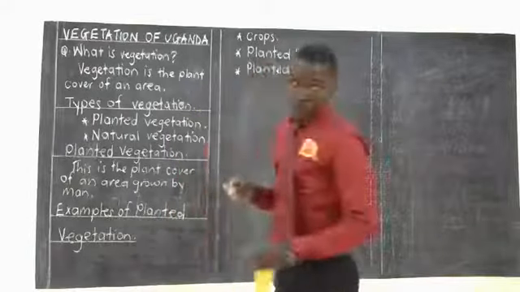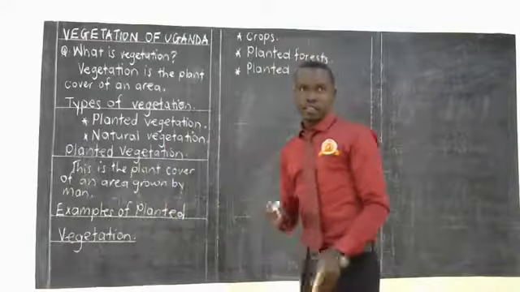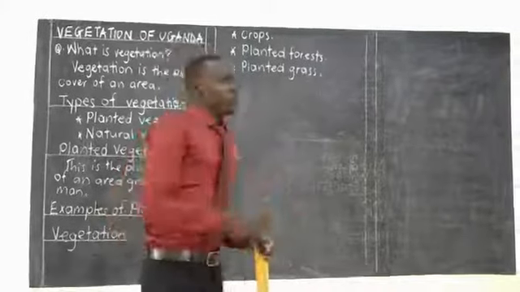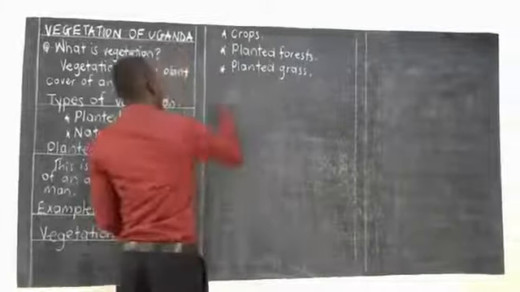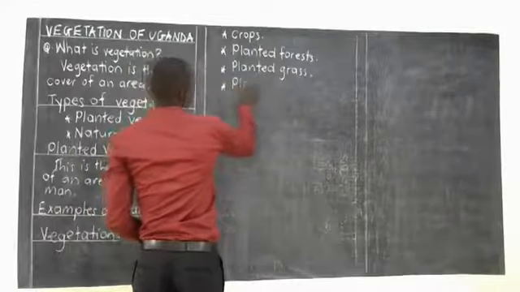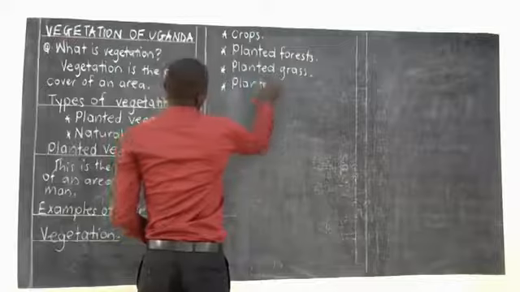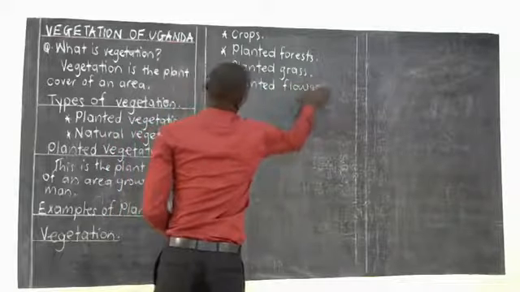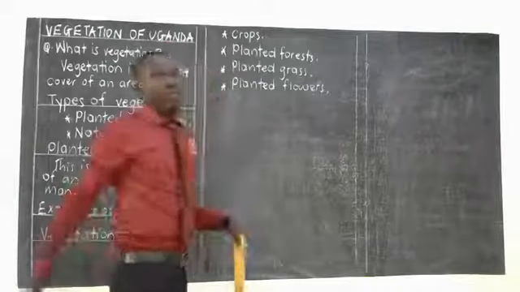Don't say grasses. We don't have grasses. We have grass. Then another example of planted vegetation is planted flowers.